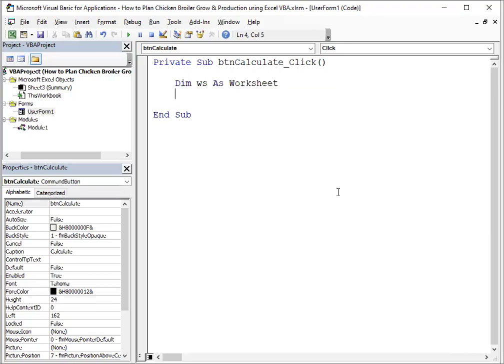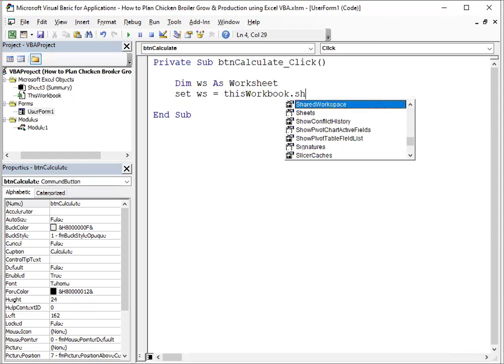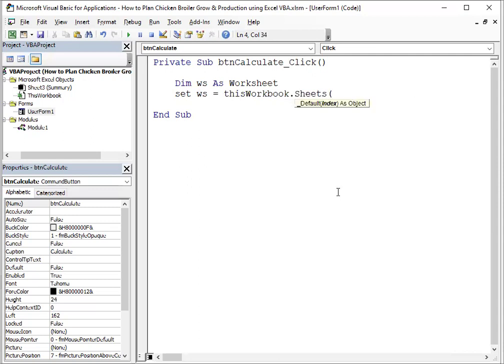Then right away, I'm gonna set ws equals ThisWorkbook.Sheets. Remember the worksheet was Summary worksheet, right? So quotation, close, enter.